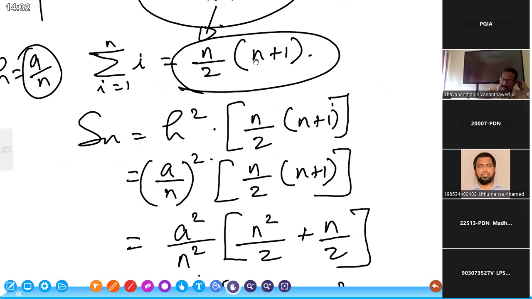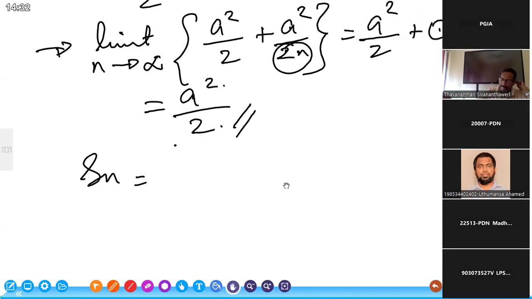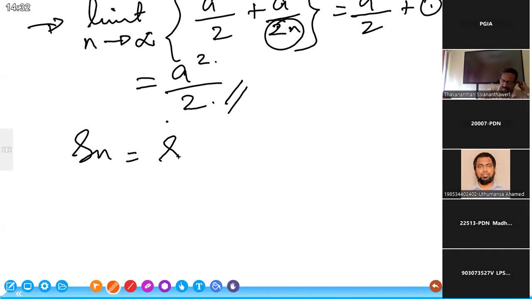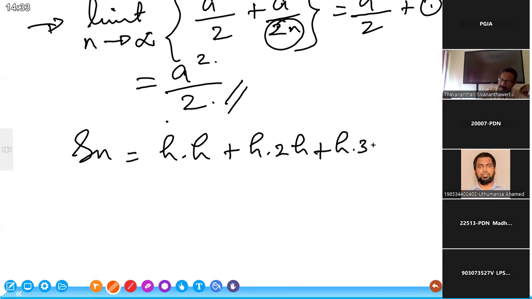So in the inscribe method, we could write it as simple Sn, finding out the area, h into h, that is your first dimension of first rectangle, dimension of second rectangle, h into 2h, plus dimension of third rectangle, plus and so on.